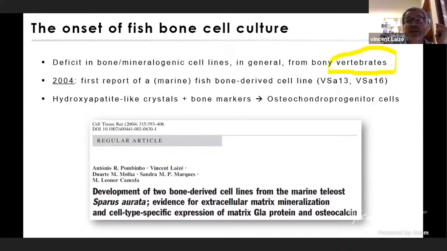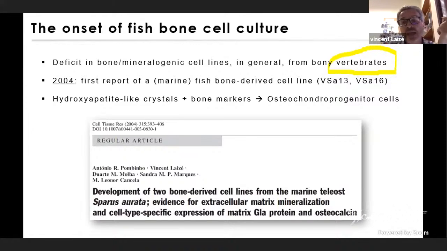And the reason for that, it's maybe because the diversity of soft tissue is higher than the diversity of hard tissue. You have much more soft tissue than hard tissue. But we think that mostly it's related to the difficulty of producing cell lines from hard tissue.